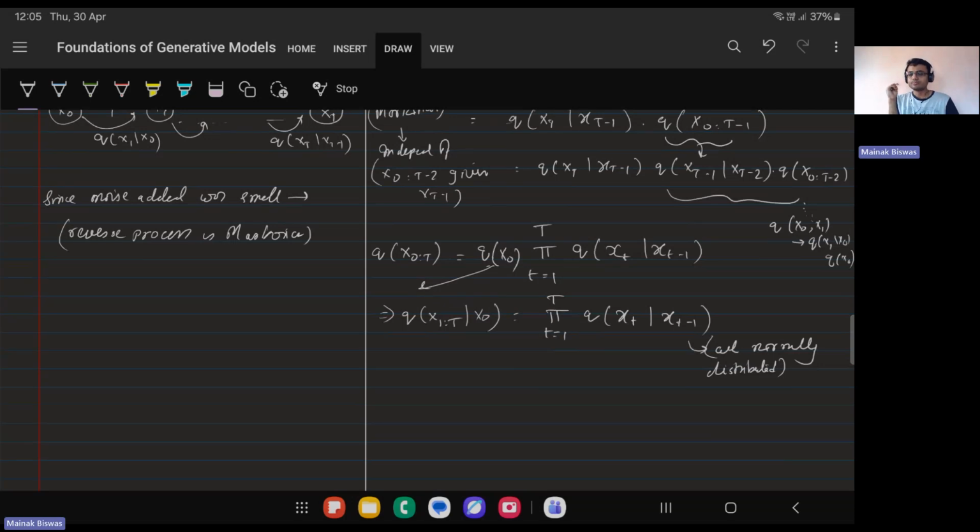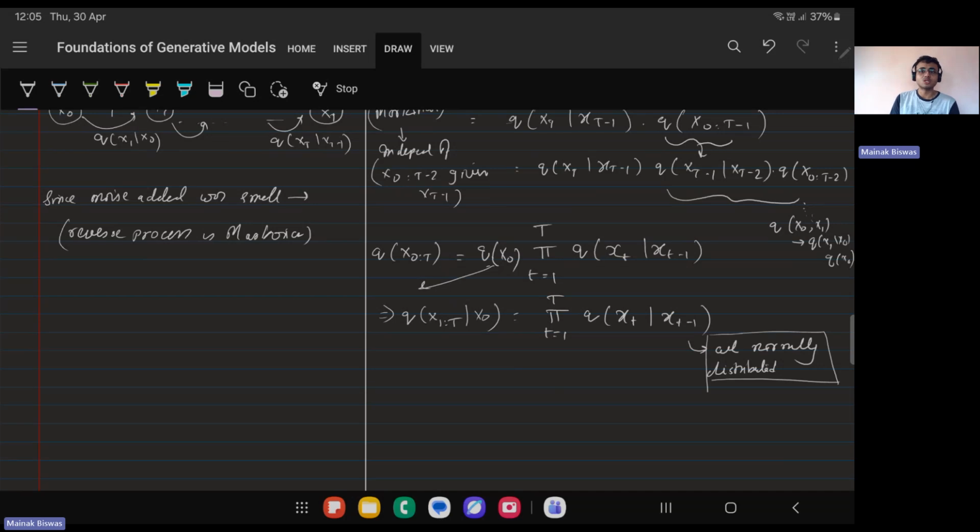So let's now try to understand what we're going to do. After we have found the joint distribution, we'll have to have a look at the decoder distributions. Each of these forward processes is normally distributed. Now, what about the reverse process?